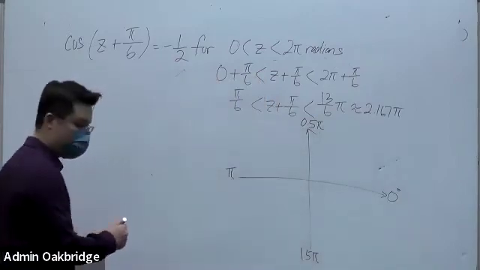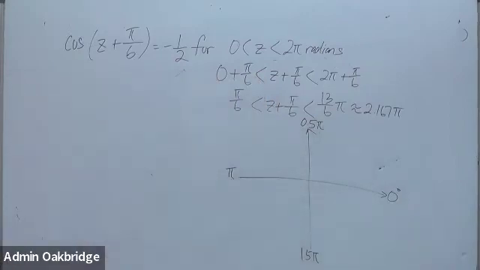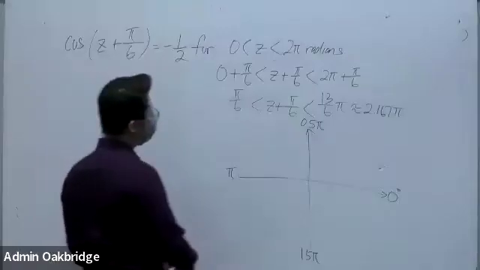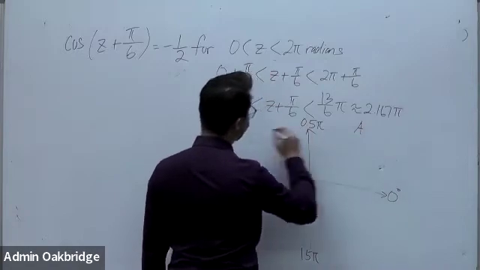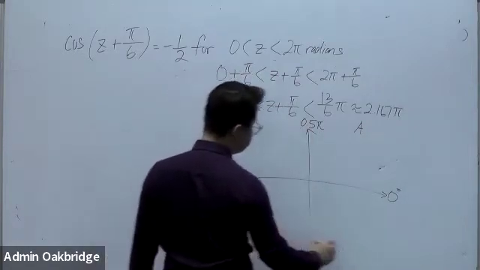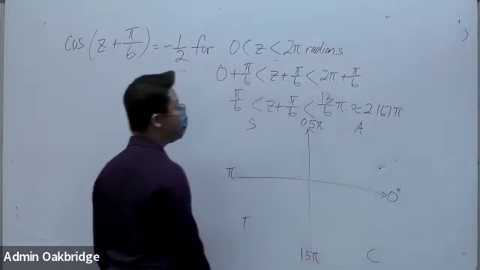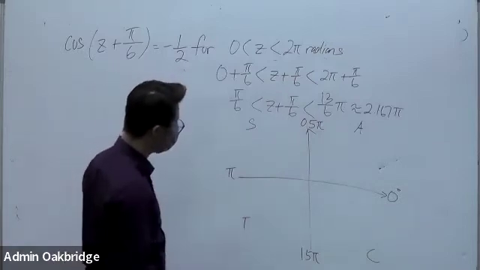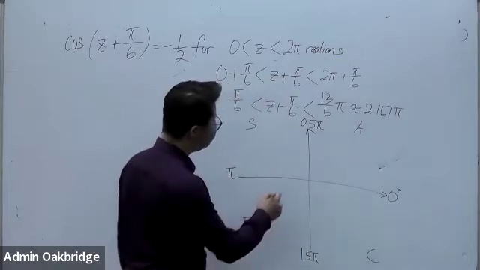Okay, so now we proceed to the next one. We only decide the angle will be in which quadrant here. It will be negative cos, right? Which quadrant have negative cos?